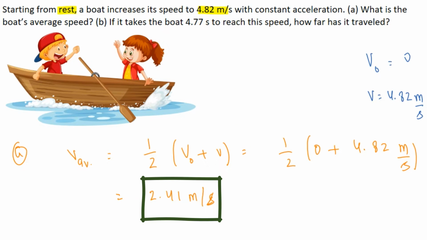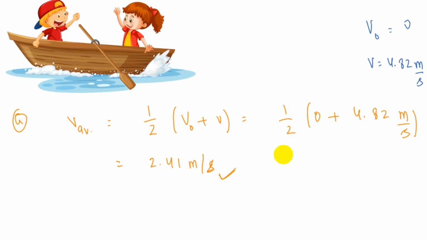Now in the B part, they are saying that the boat takes 4.77 seconds to reach this speed, 4.82 meter per second. We have to calculate how far it has traveled for this time interval. Since the average speed during this time interval is 2.41 meter per second, which we calculated in the A part, the distance traveled will be the average speed multiplied by time.